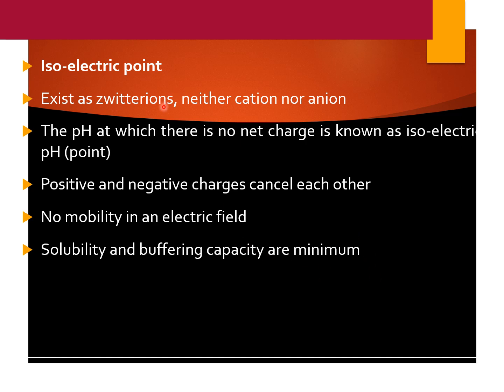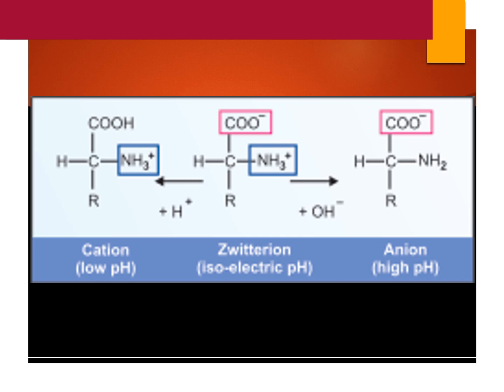So these are a few important features of the amino acid at the isoelectric pH, and we get many advantages because of these characteristics. We can easily separate different categories of amino acids and proteins based on their isoelectric pH. You can see it here.